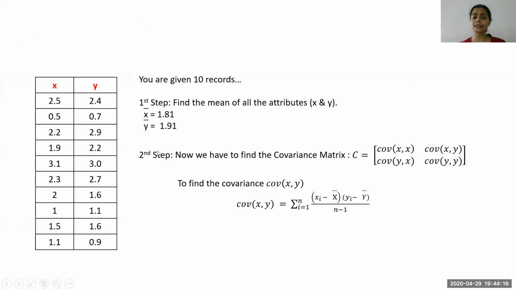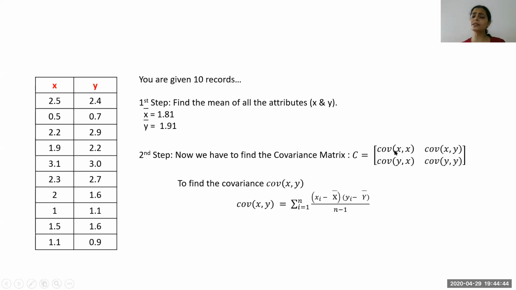Now we need to find the covariance matrix C. The entries of this covariance matrix are the covariance of X and X, the covariance of X and Y, the covariance of Y and X, and the covariance of Y with Y.